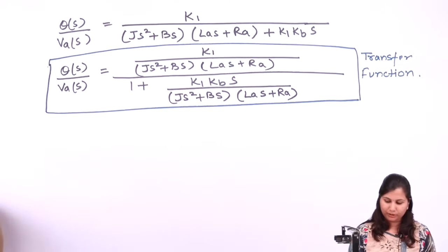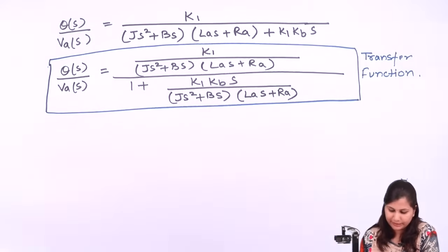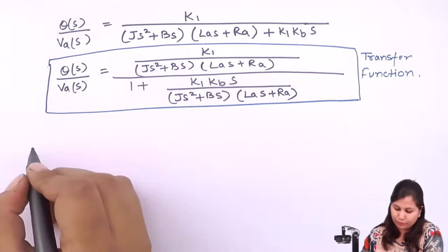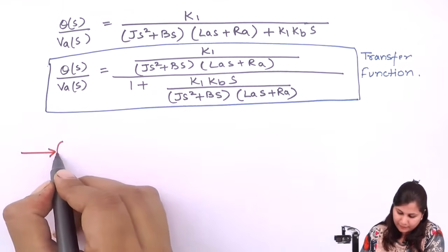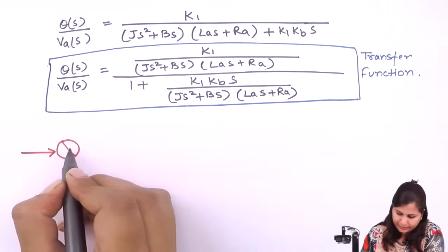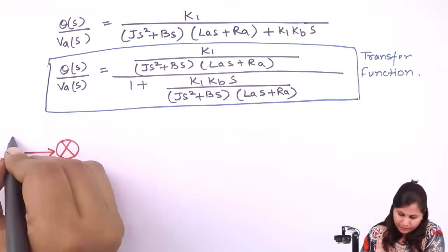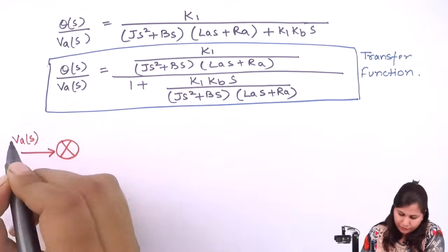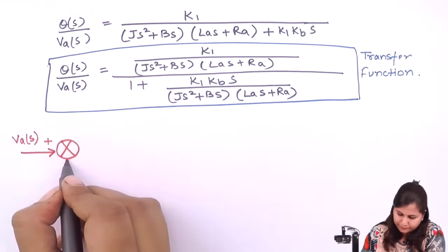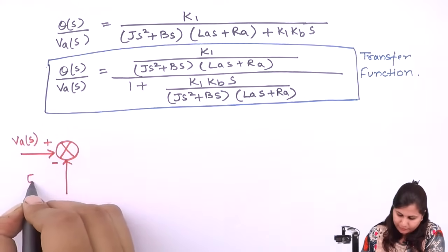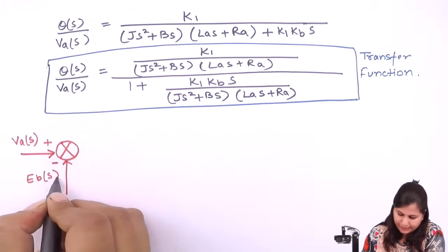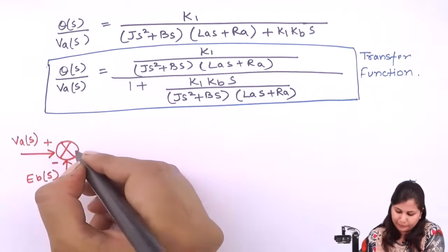So if we draw the block diagram of this armature controlled DC servo motor, the input is VAS. This is an error detector. Here we have the input VAS. This is our second input EBS, that is the back EMF.